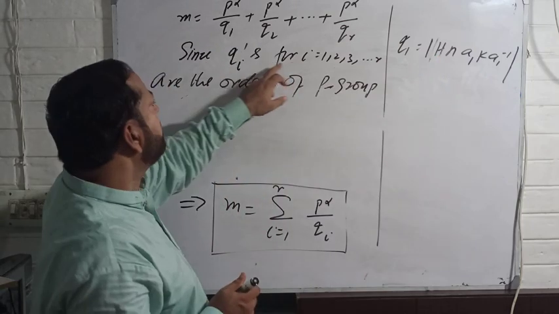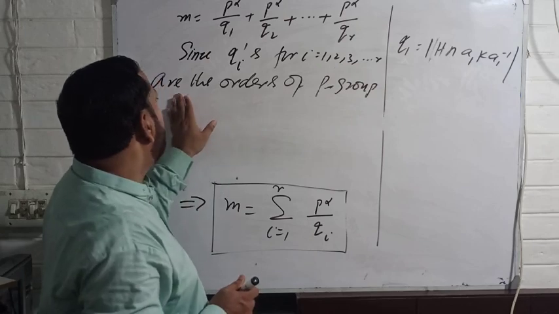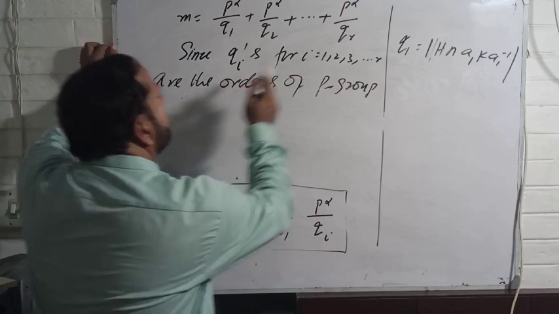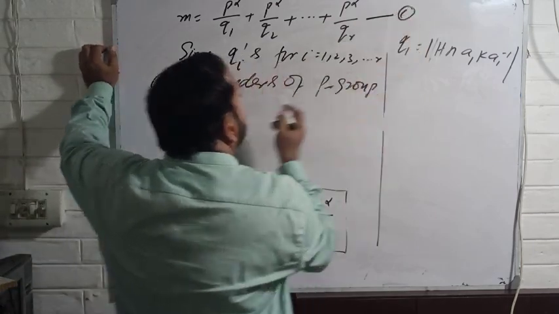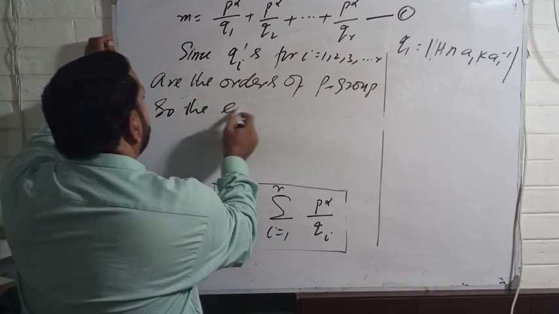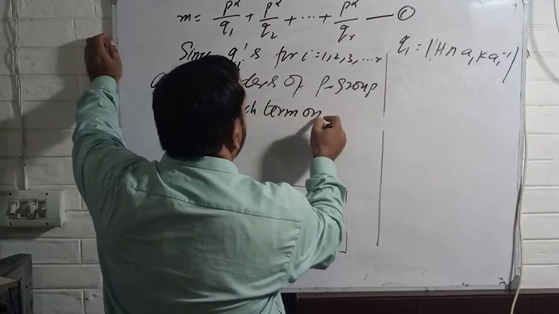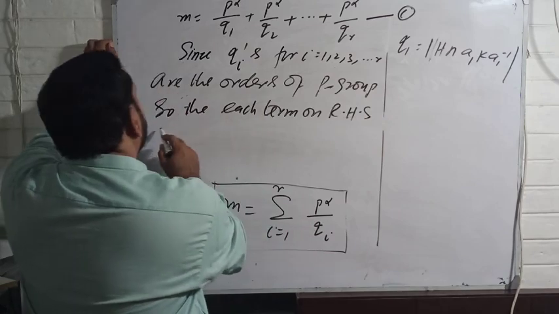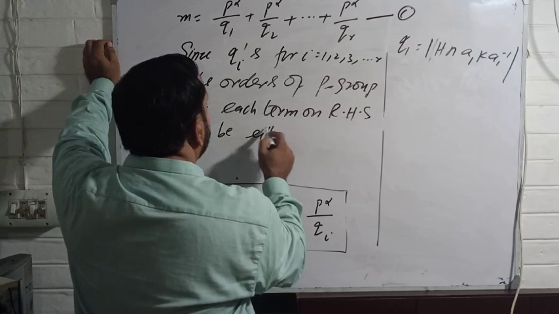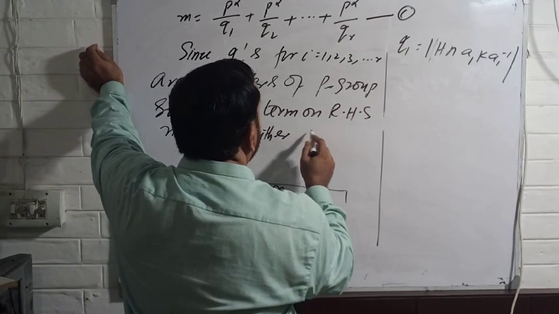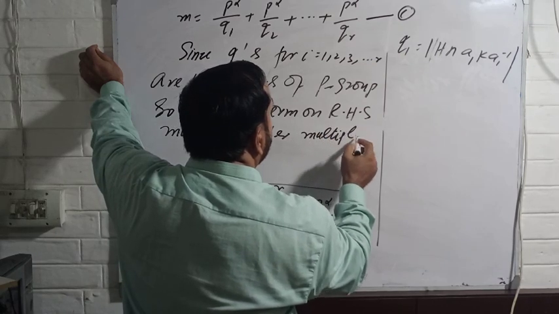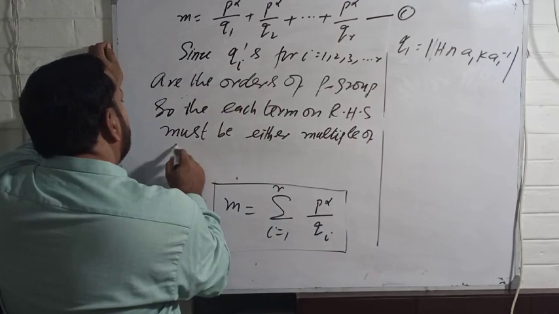So since Qi for i varying from 1 to r are the orders of a p group, each term on the right hand side must be either a multiple of p or 1.